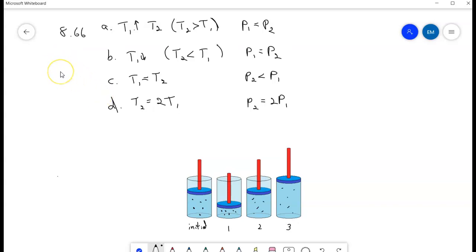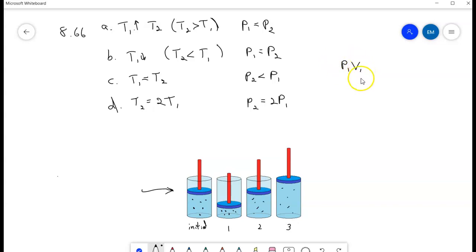So what are we looking at here? Well, we're varying pressure and temperature, so that sounds like Gay-Lussac's law. But on the other hand, we look down here, and we're changing the volume. So what we're really looking at is the combined gas law, isn't it?